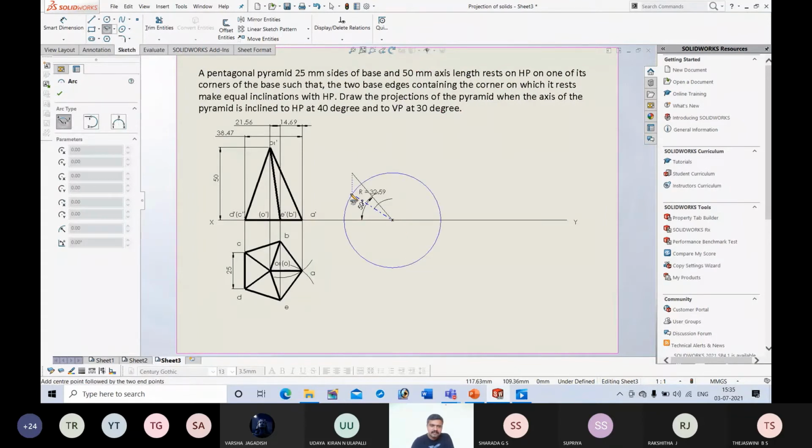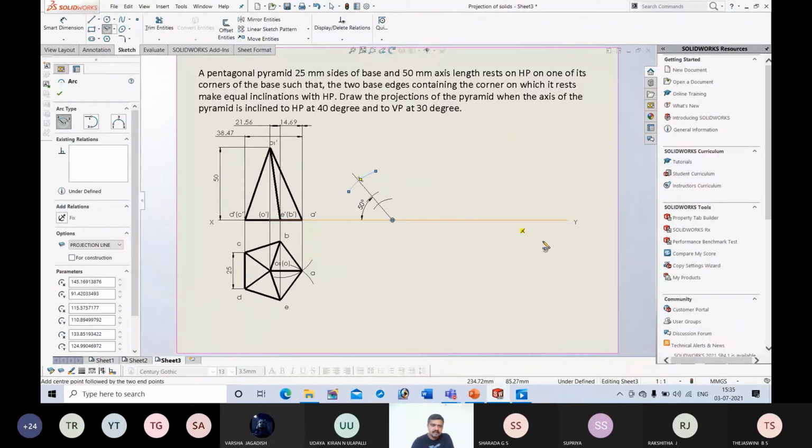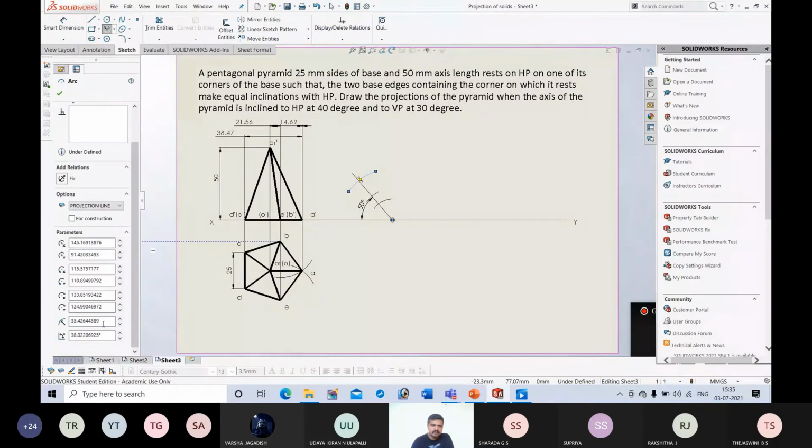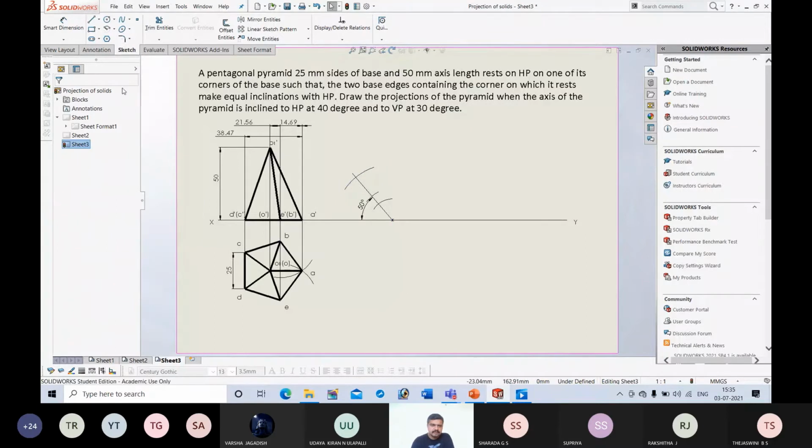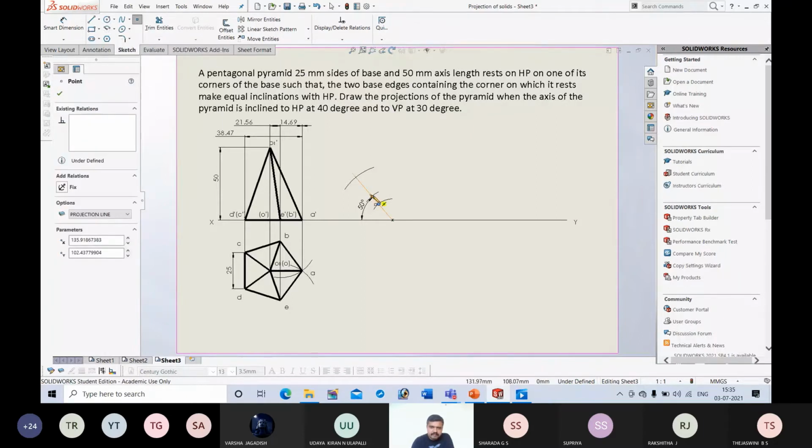Again, A as center, A to D as radius, I will draw this arc. Next, I will draw the points just for reference.